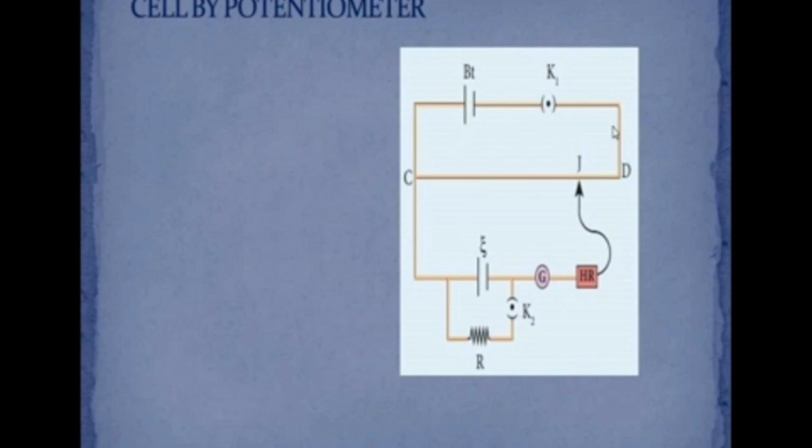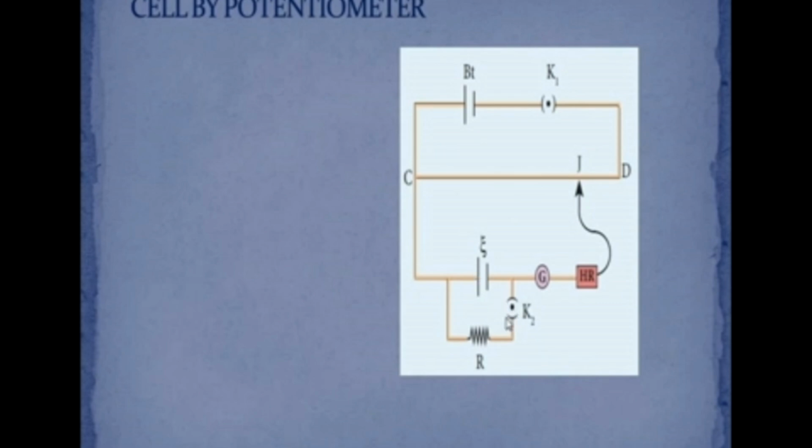So what will happen? The current flows in the primary circuit and through only this battery. It is not flowing through the external resistance, right? It is only flowing through this circuit. So you can calculate the balancing length, which is equal to the EMF of this battery. Okay, so current only flows in this circuit.